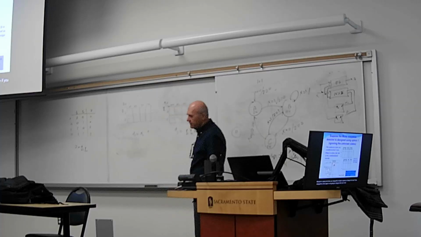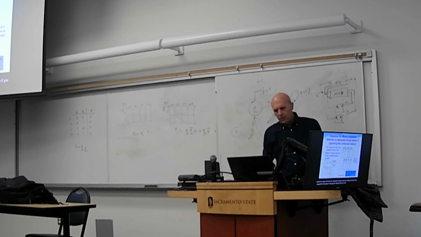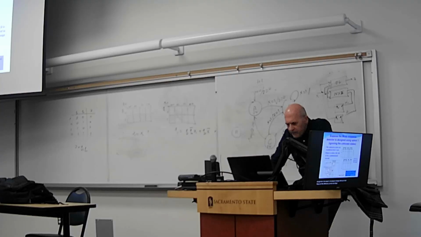There's no X in the Z. There are little differences, but we can always use the Mealy machine, put a flip-flop, and change it to Moore. But the main advantage is that some problems are much easier to design this way, Mealy, than Moore. And some problems are easier the other way. That's just the way it is. The counter, if you want to build a counter, 0, 1, 2, 3, 4, 5, Moore is easier.